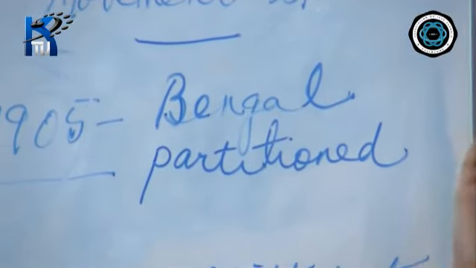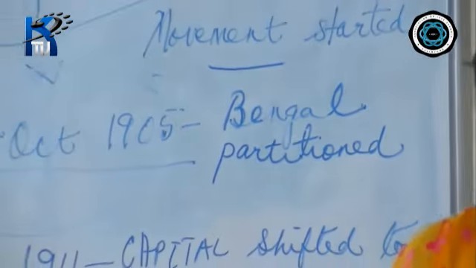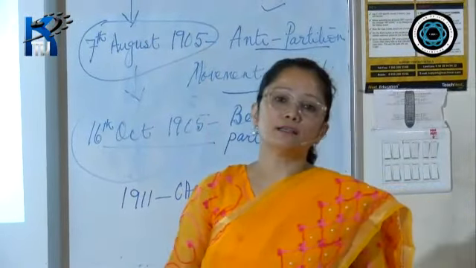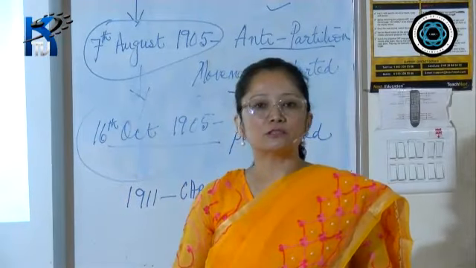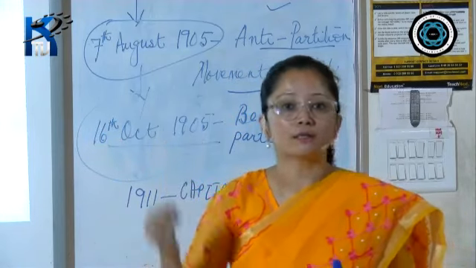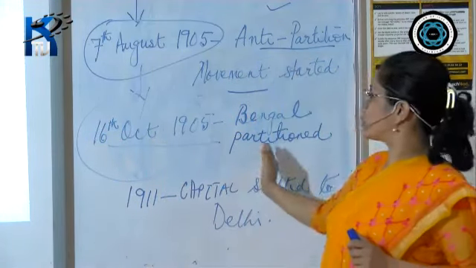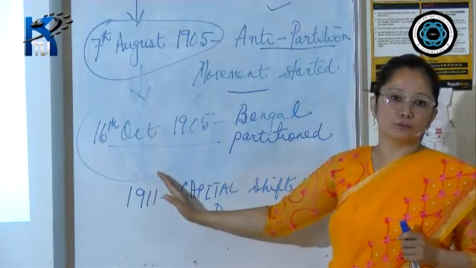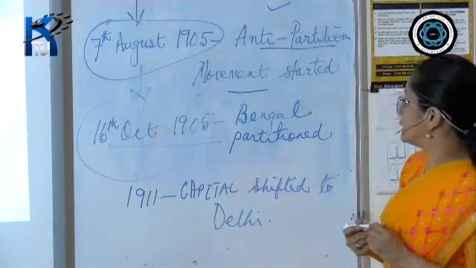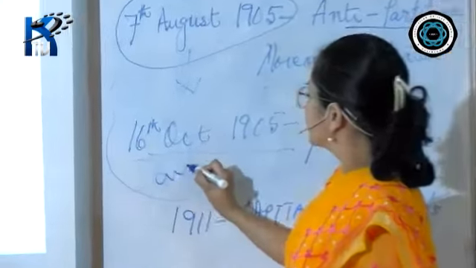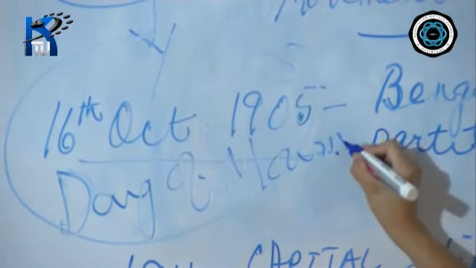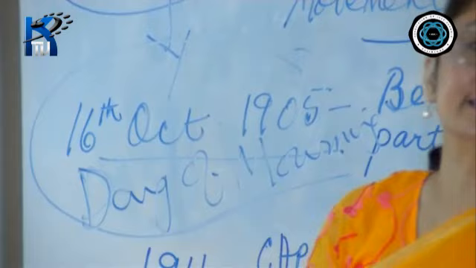No matter how many times the Indians went against it, no matter how many times the Indians criticized this policy, the hue and cry, the processions, the rallies, the protests, it made no difference to Lord Curzon, who finally partitioned it on the 16th of October 1905.